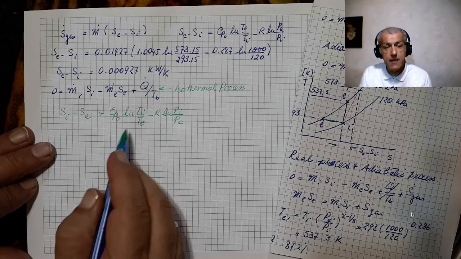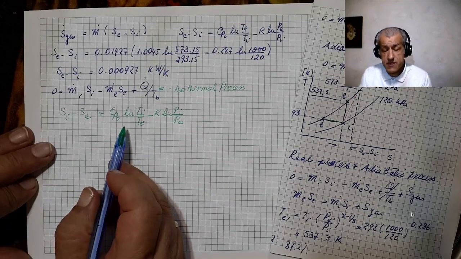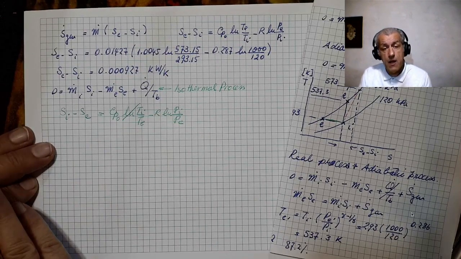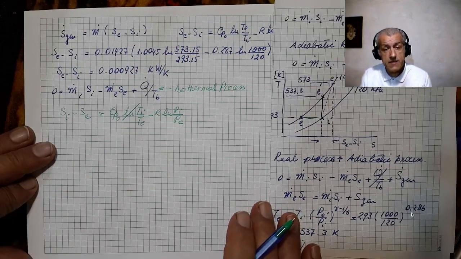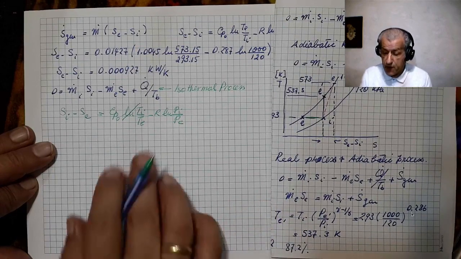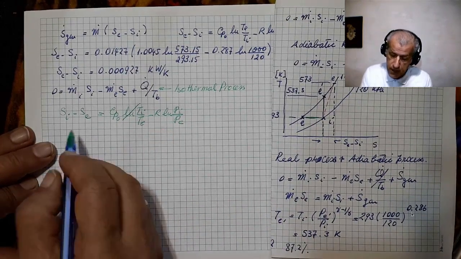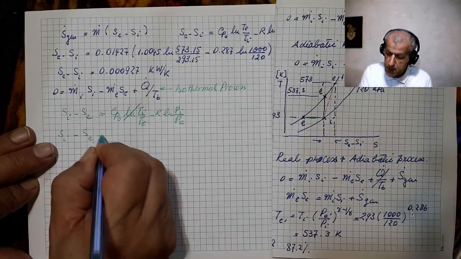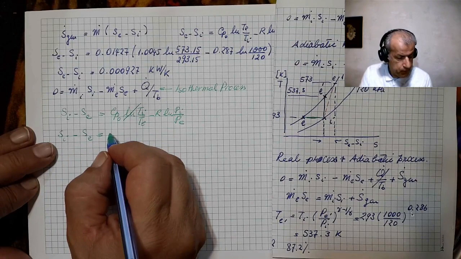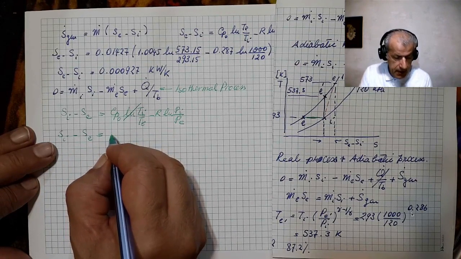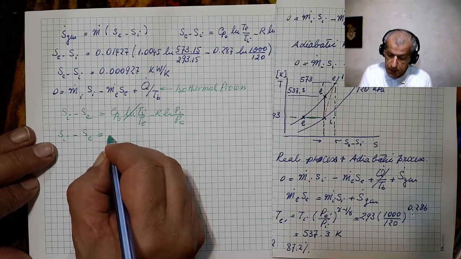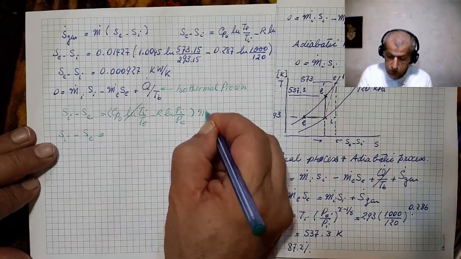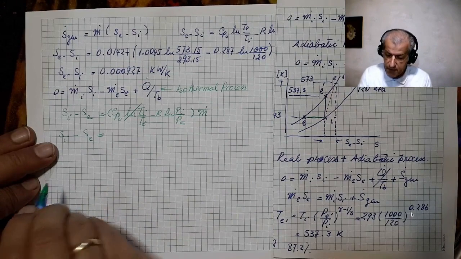And it is a constant temperature process, so this term cancels out for the isothermal process, and therefore we are only left with this one. Si minus Se would equal minus, and you have to multiply this by m dot just to calculate the total value.